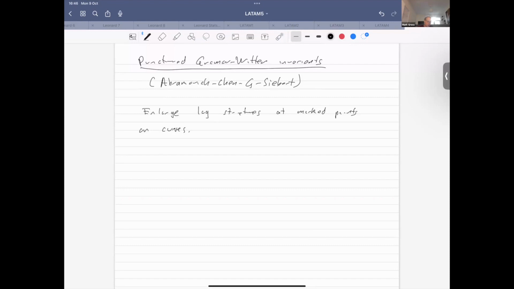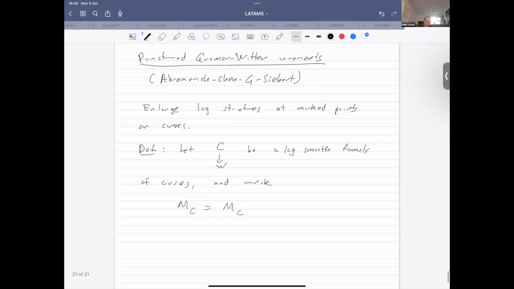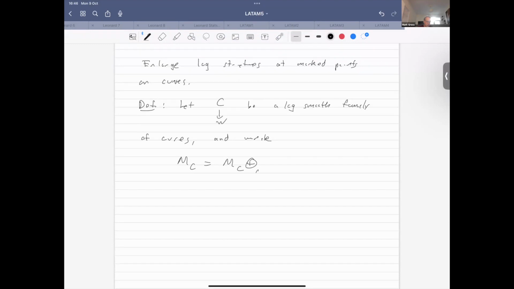So, definition. Let C to W be a log smooth family of curves. And write the M_C in the following way. So it's going to be M_C direct sum over O_C star of the, so here I'm going to use some notation, P1 through Pn.